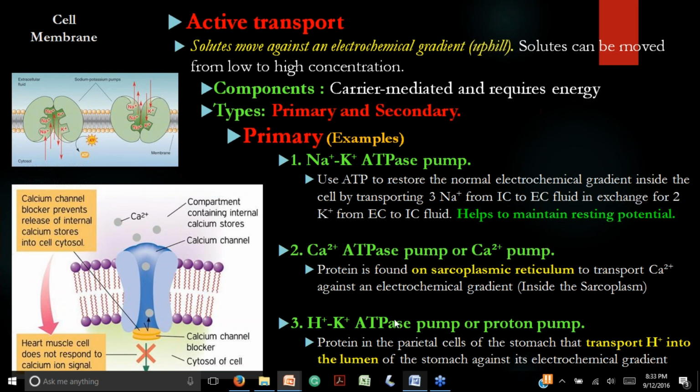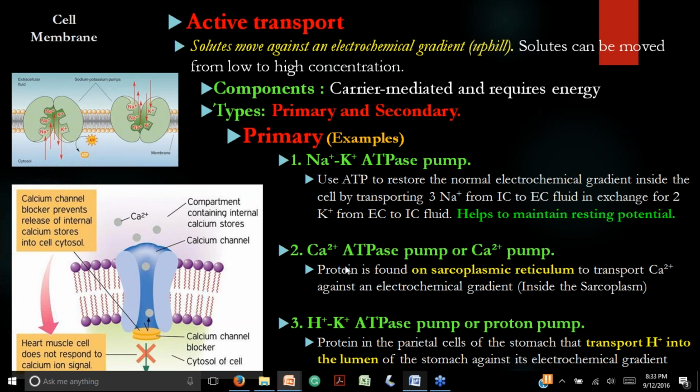All right, so the hydrogen potassium ATPase can be inhibited by proton pump inhibitors, the PPI. Those are, for example, Prilosec.